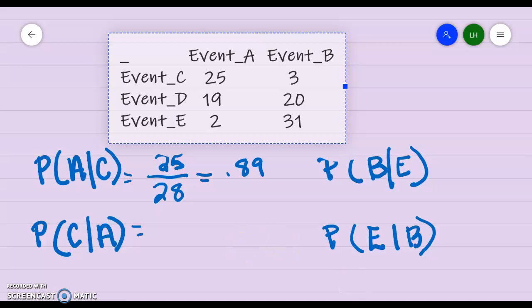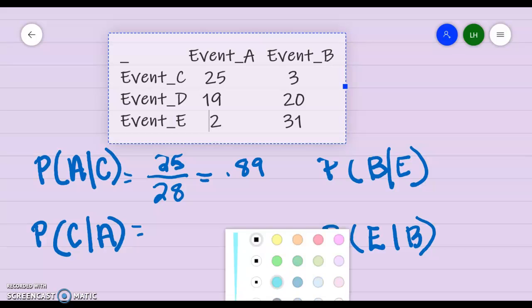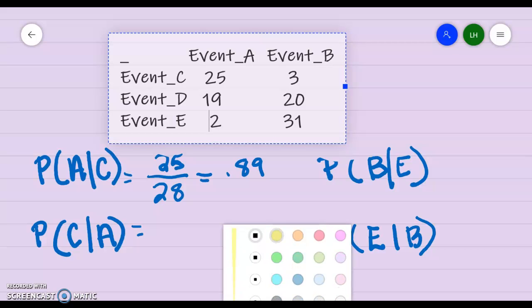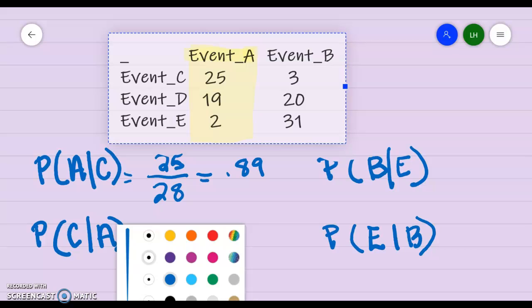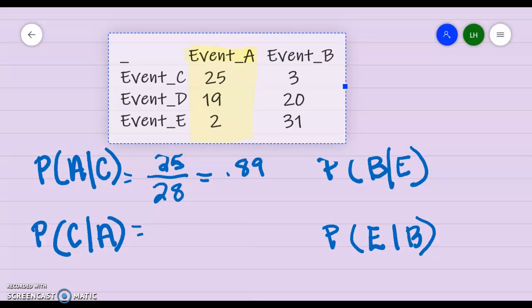So the next one, the probability that event C occurs given that event A has occurred. This time we're looking at event A. First of all, I need to total how many times event A occurred. If I add these together, I get 47. So we know there are only 47 outcomes here. And then what is the probability of C occurring?